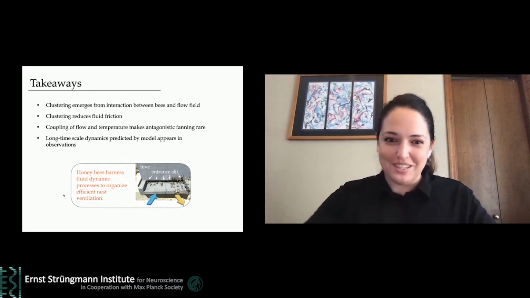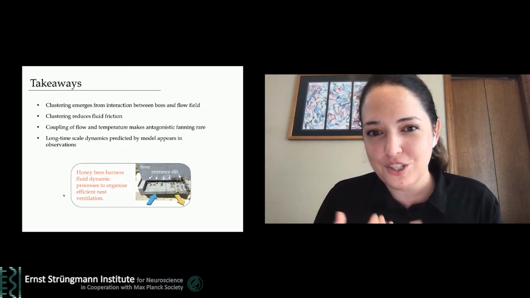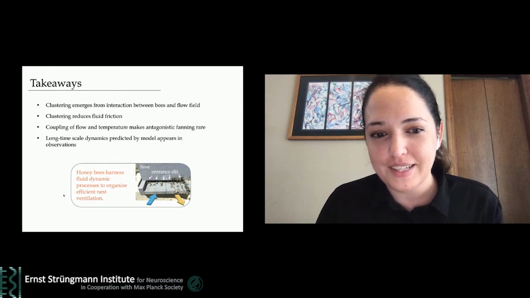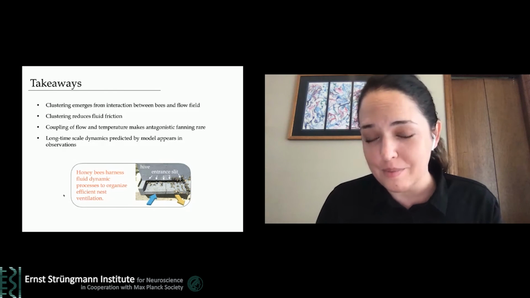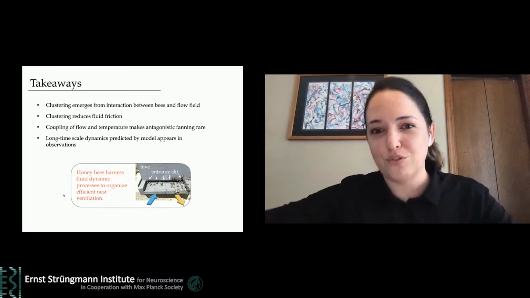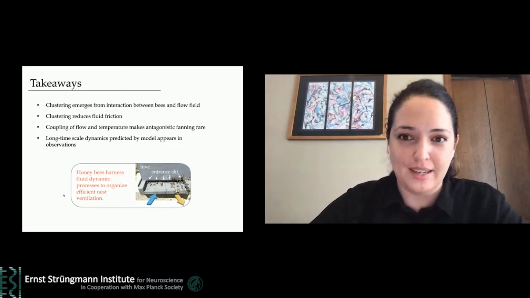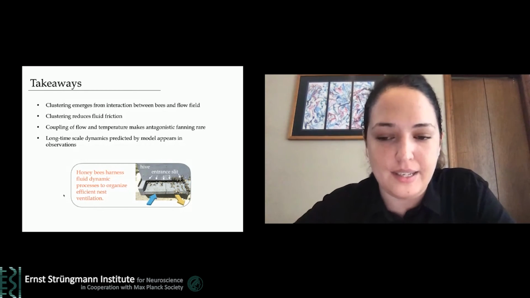And to tie this back to the bigger picture of the extension of stigmergy that I mentioned before, here we have an example where bees harness fluid dynamics, again, of non-local fields. So it's a fluid dynamics that is coupled throughout the entire hive in order to process, in this case, an efficient nest ventilation.